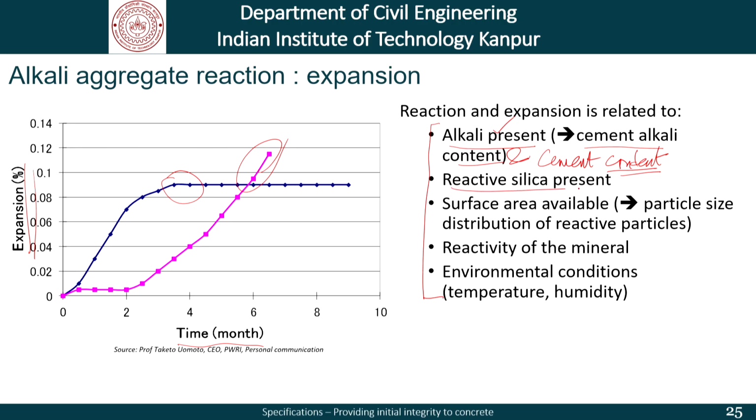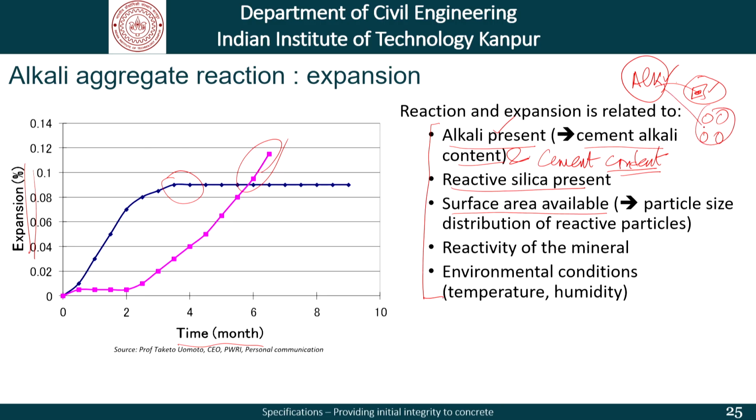Then it depends on how much reactive silica is present. It depends on the surface area which is available. So, coarse aggregates have less surface area compared to the same mass with finer aggregates. So, if we have a certain amount of alkalis present in the system, the concentration here in terms of alkalis per surface area is much higher here than here.